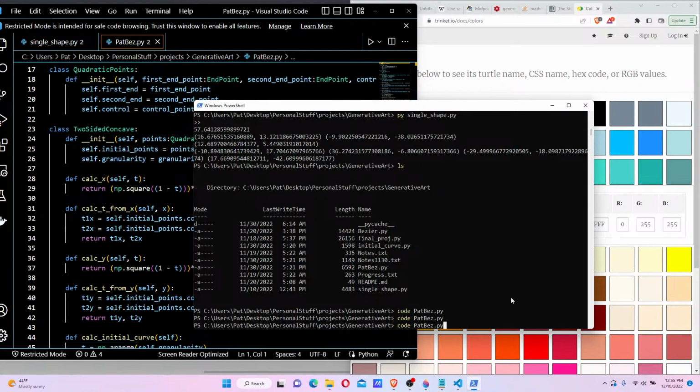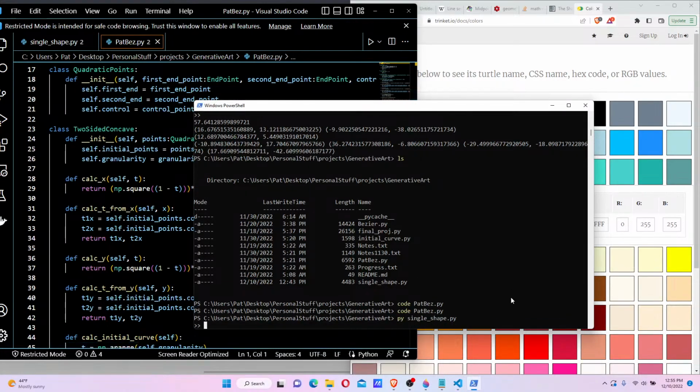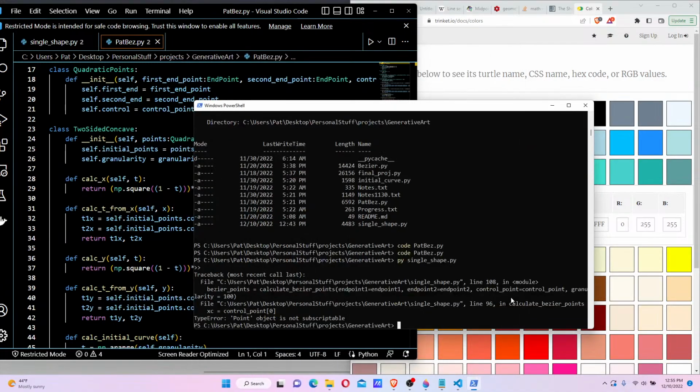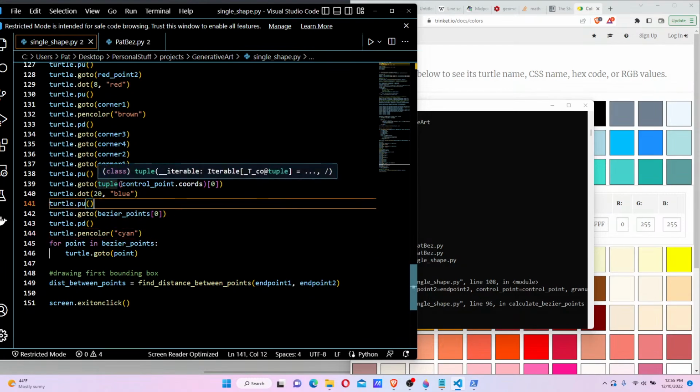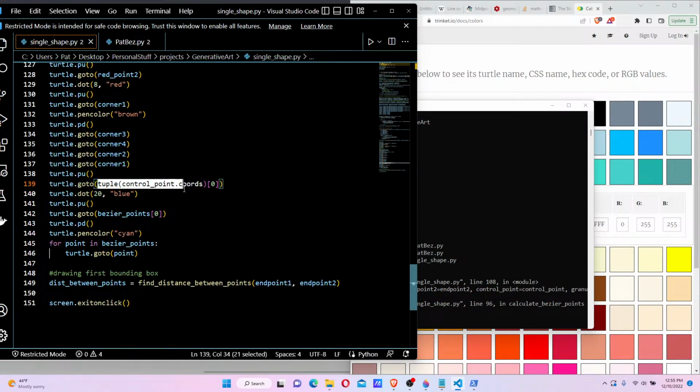Oops. Line 96. Single shape. Control point is equal to that.